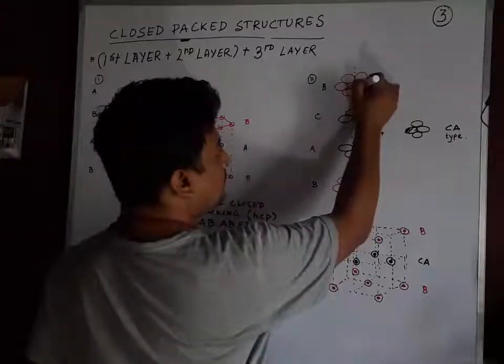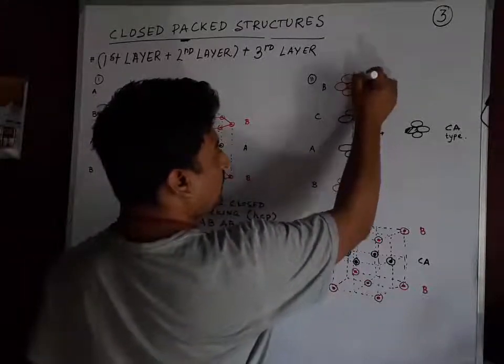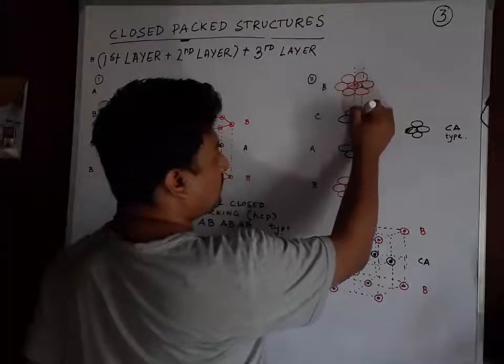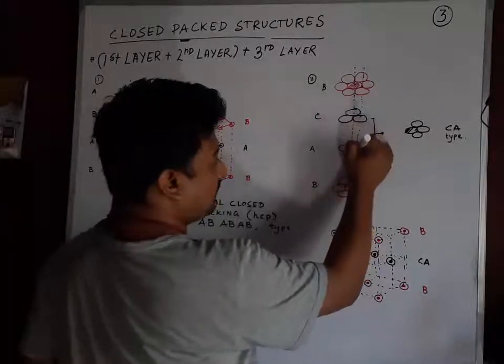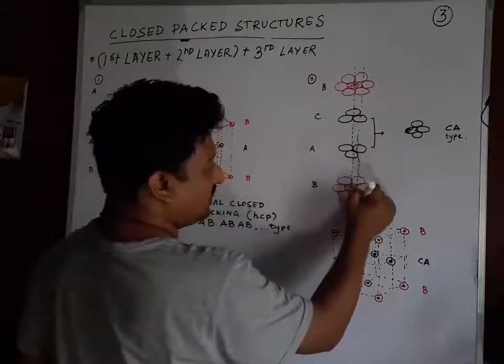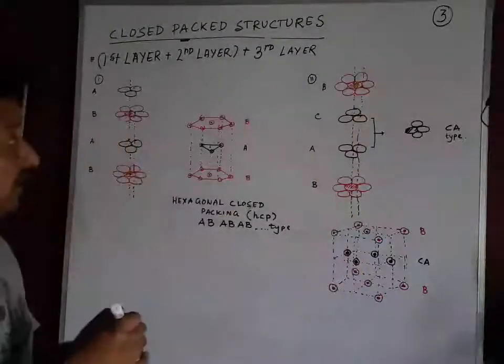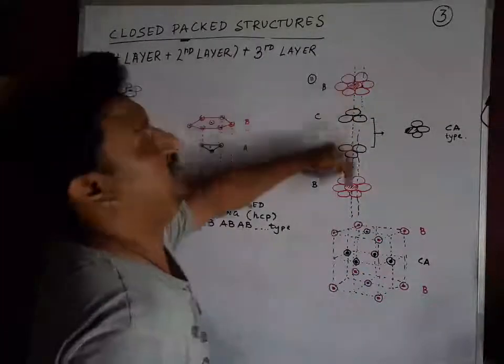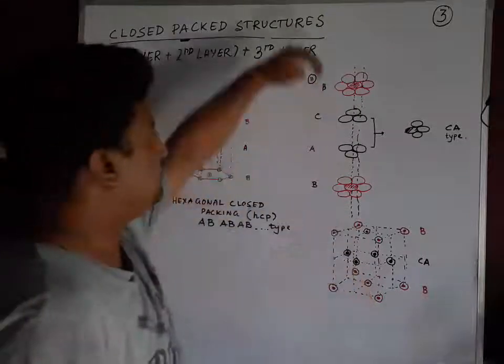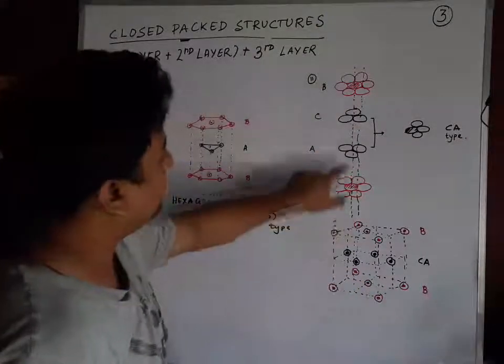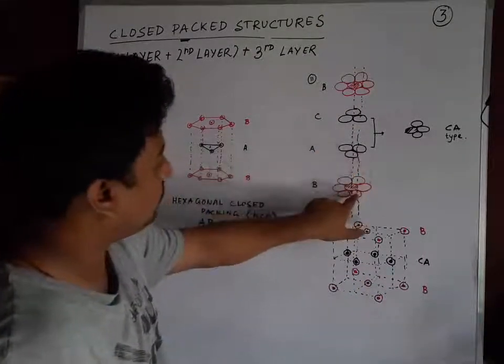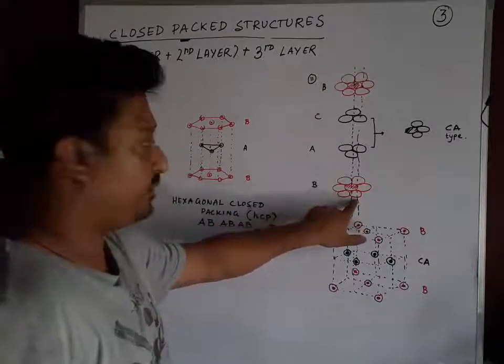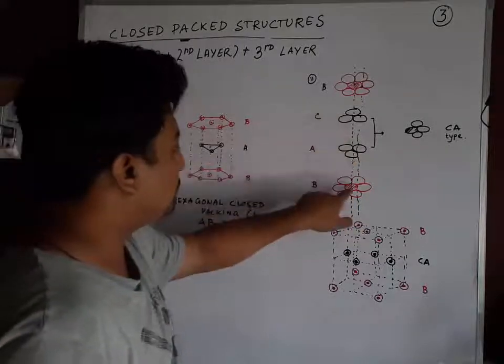Whereas this octahedral void will pass through this atom and this void and then this atom in this way. So it falls in a consecutive line, where one void corresponds to an atom here, and this void corresponds to this atom.